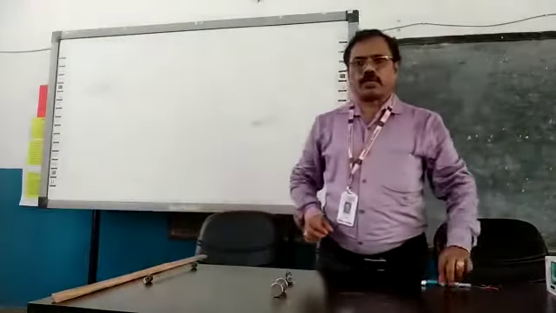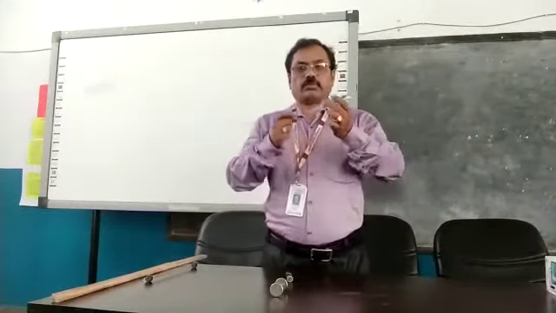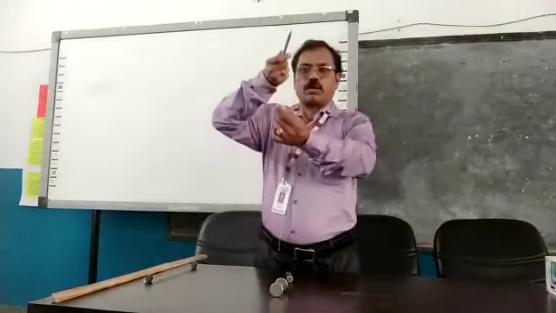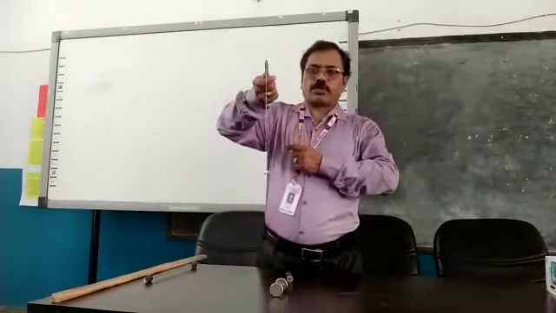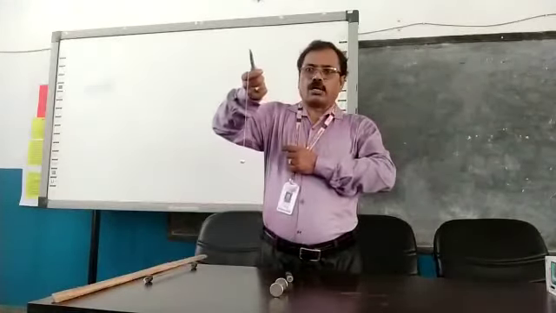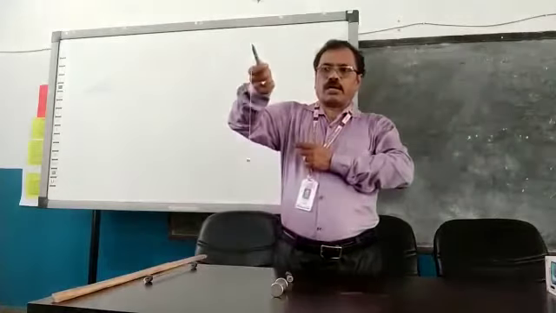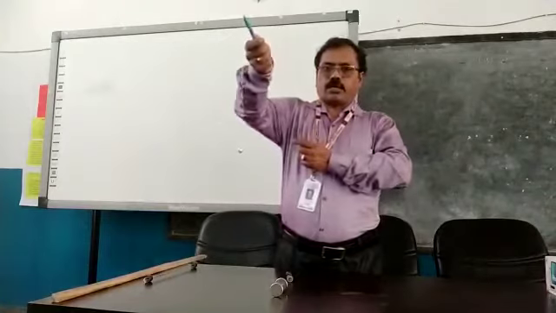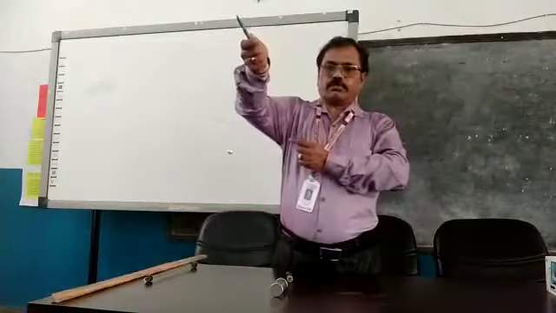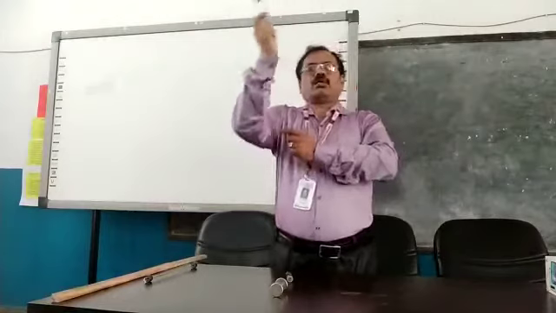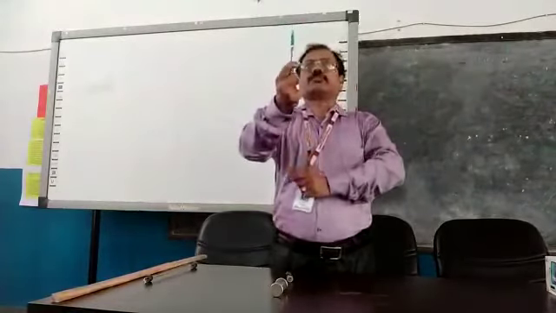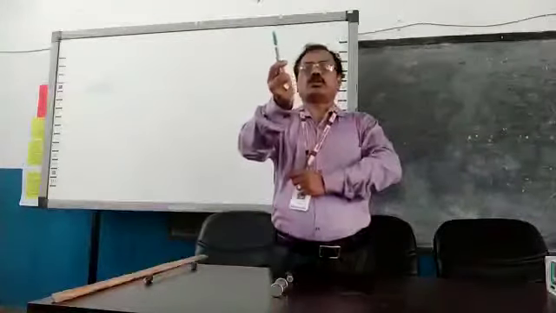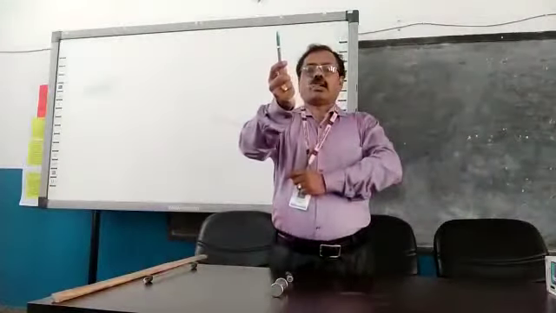Then another case, you can see this: a small circular mass tied with a thread. When I am rotating this, you can observe the speed of the ball. When the length of the thread is reduced, it moves faster.